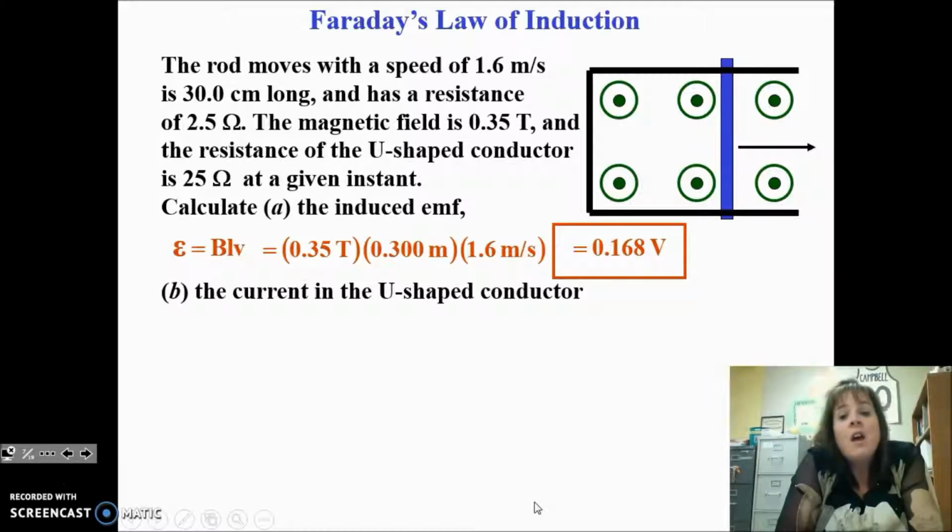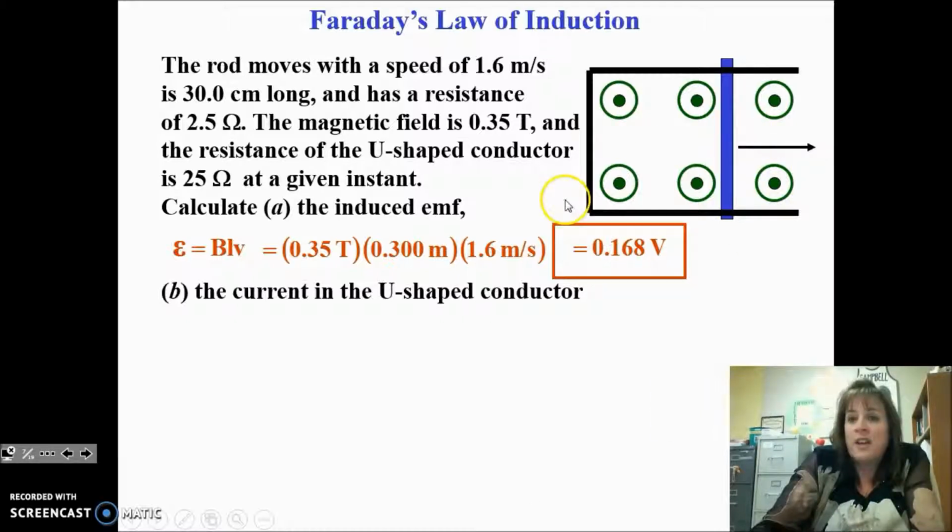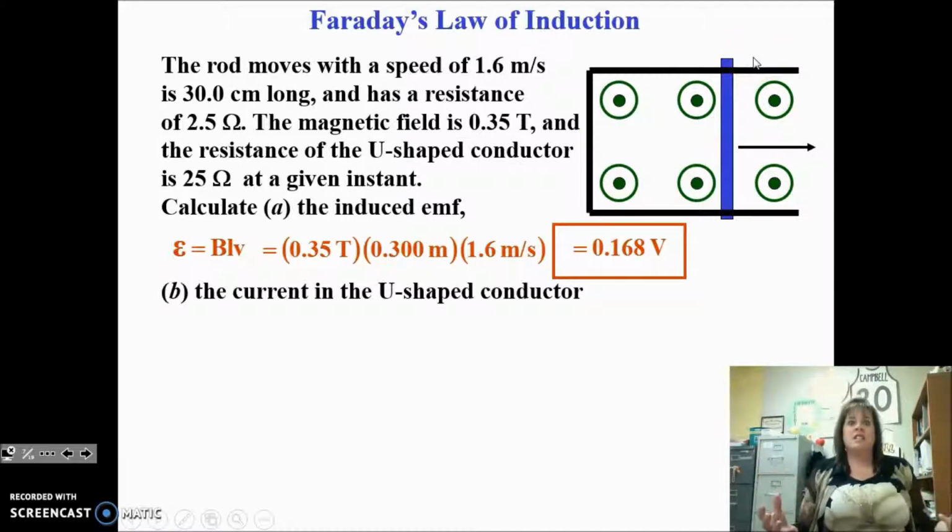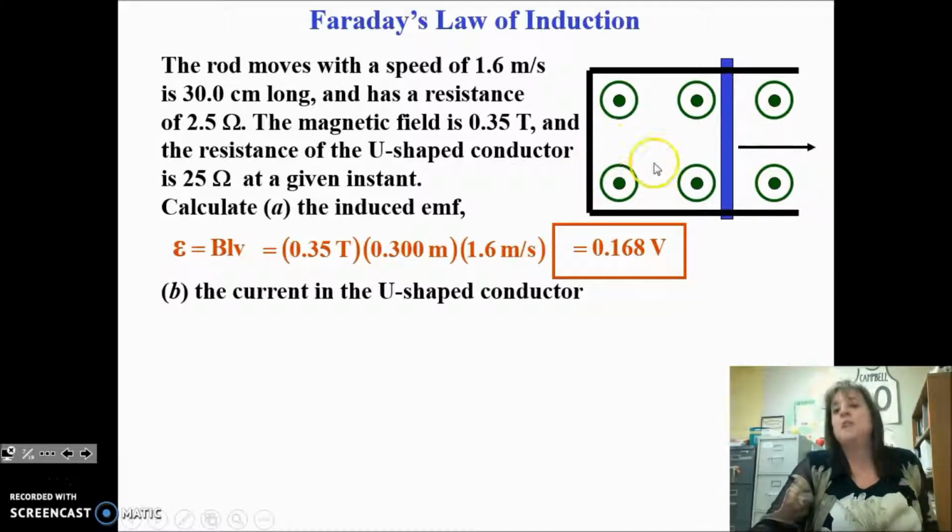Well, current runs through the whole thing, right? And the magnitude of the current is dictated by the total resistance of the circuit. So I have current running through my circuit, and it's not just encountering 25 ohms of resistance from this U-shaped conductor, but it's also encountering 2.5 ohms of resistance from the bar.